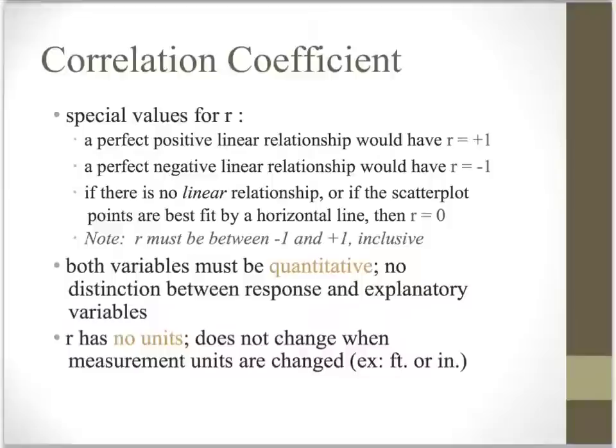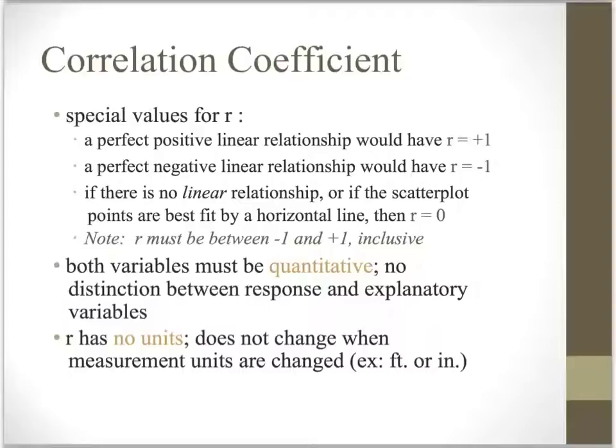In this video, we're going to be looking at correlation. And the correlation coefficient, you recall, is a number that tells us something about the strength and the direction of a linear relationship.